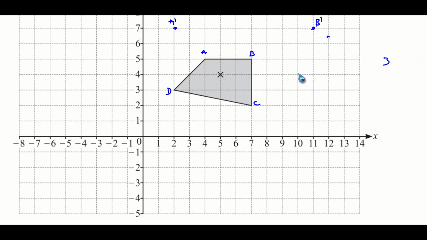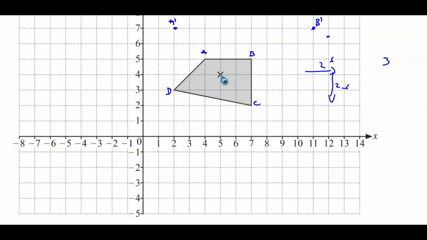Then the next one will be point C. So from the center of enlargement, we'll count like this. 1, 2, 1, 2. So you have 2 to the right and 2 downward. So if you multiply by 3, this becomes 6 and this becomes 6.